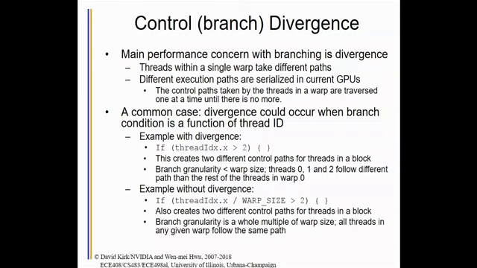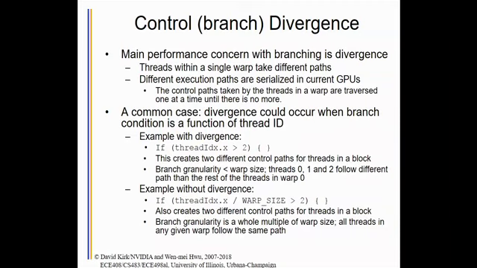And the control divergence only happens in warp 0 in the thread block, because the only warp where the threads can potentially make different decisions is when there are thread indices 0, 1, and 2, right? They will make a different decision than the threads with thread indices greater than 2.